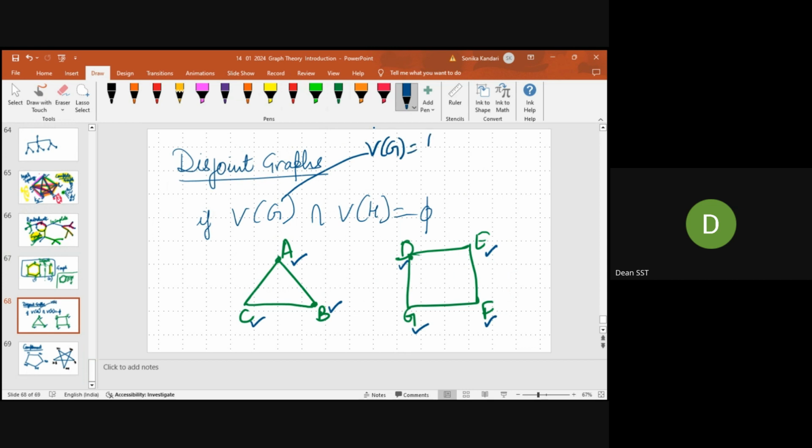V(G) is the vertex set of graph 1. It is A, B, C.